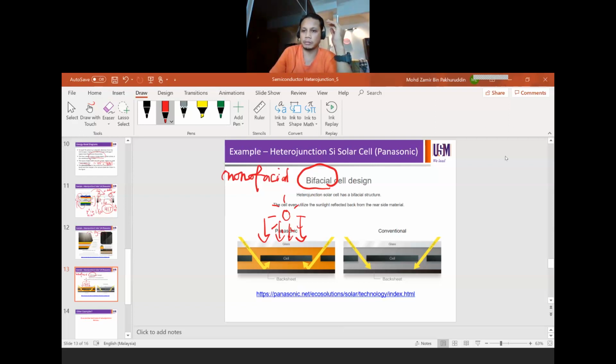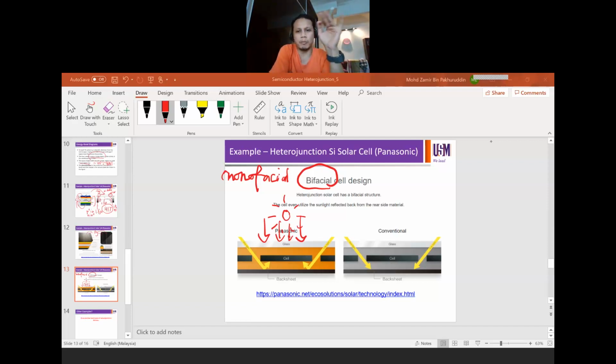Okay, apa maksud dia? Maksud bifacial is light can be harvested on the front side and the light that is coming. Kalau you tengok solar panel, katalah you letak solar panel atas bumbung parking for example. Kalau you letak atas bumbung rumah atau atas bangunan, maybe tak nampak sangatlah dia punya kesan tu.